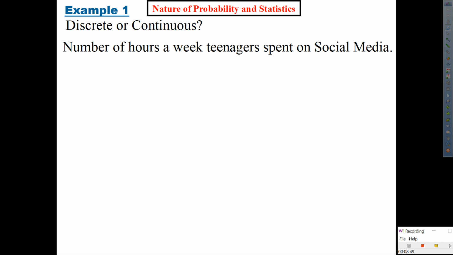All right. Nick, what do you think? Yeah, discrete. Why? Because there's exact data as to how many he scored. So, yeah, copy that one. Example 1Q, label that.